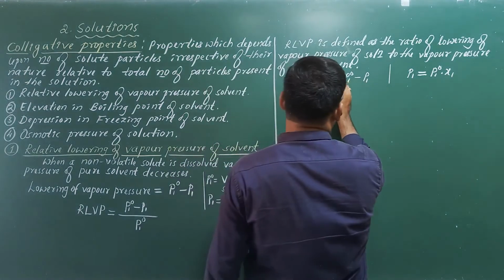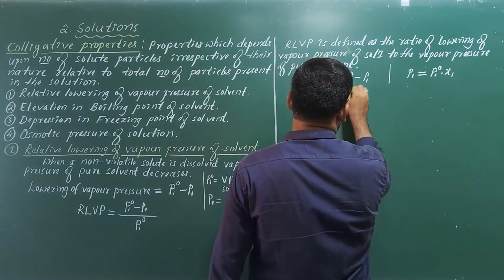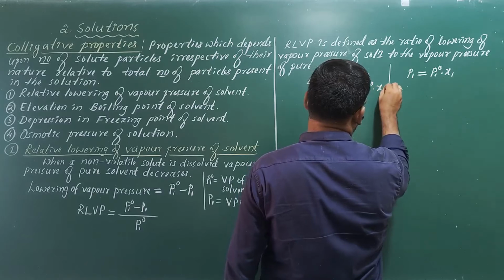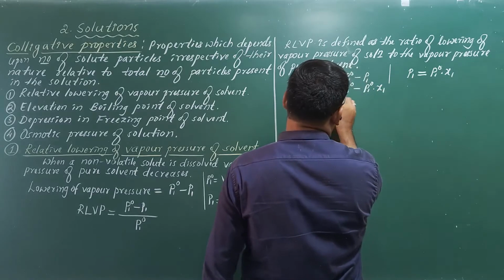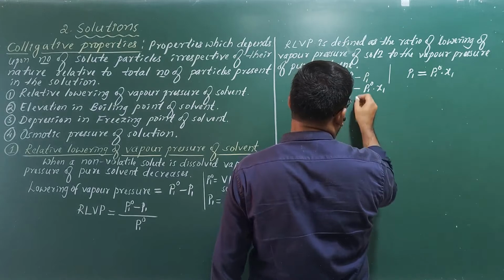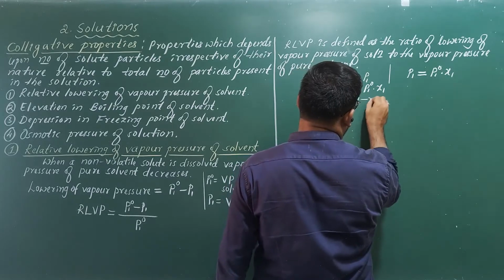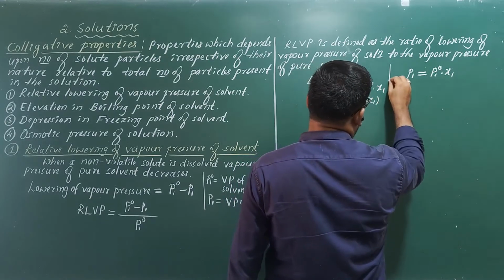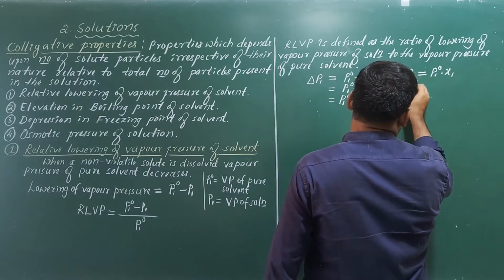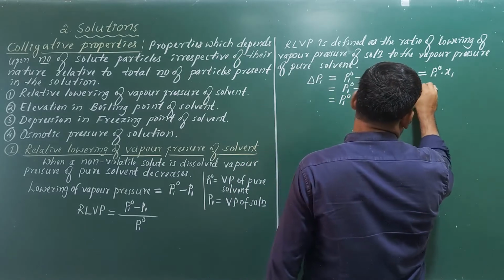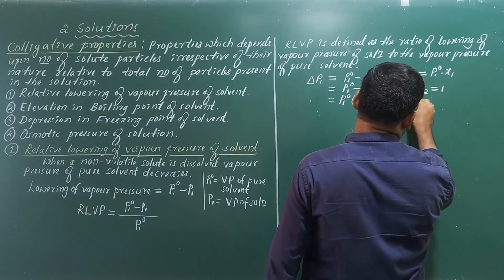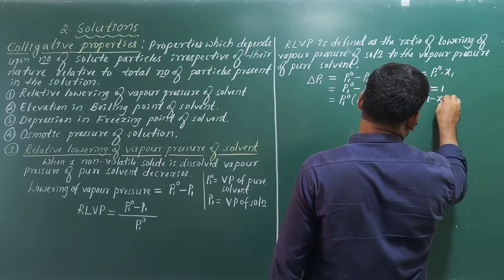So let us substitute here. It is P1 naught minus P1 naught into x1. Let us take the common factor P1 naught (1 minus x1). According to the mole fraction concept, x1 plus x2 is equal to 1, so therefore x2 is equal to 1 minus x1.